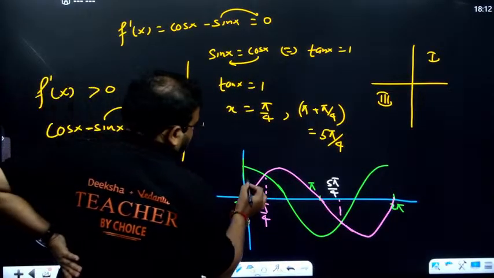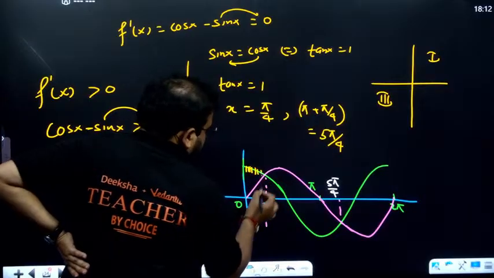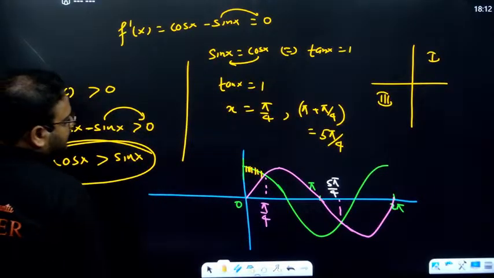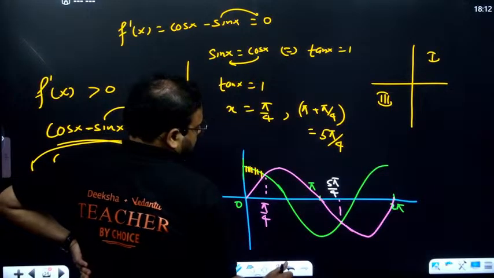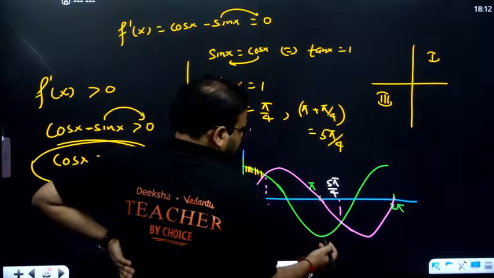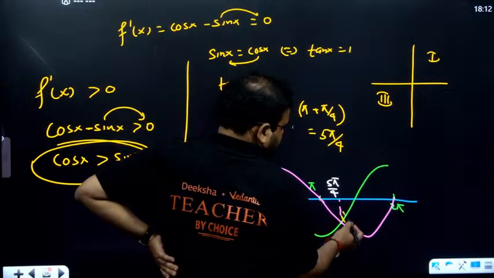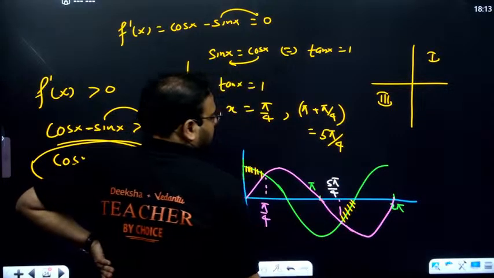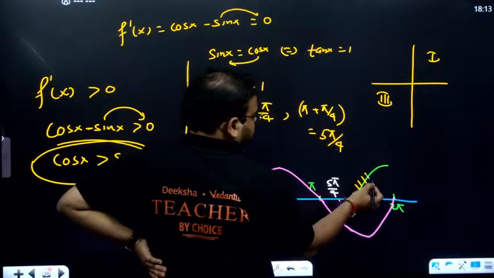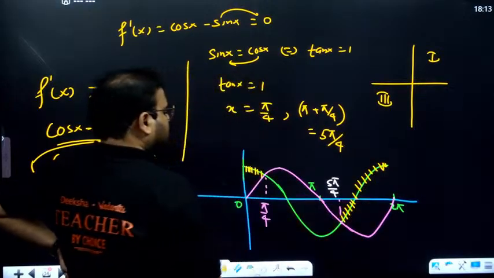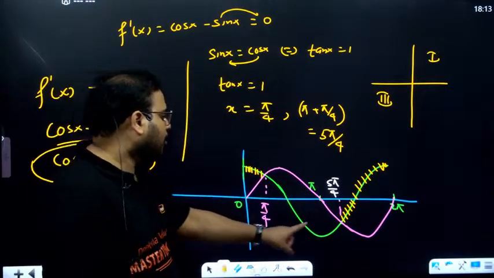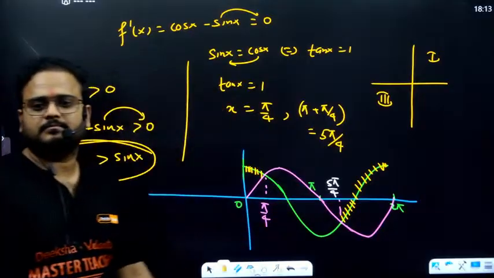Check here: cos is more over here. Then sine is high, so it will be negative. Here also, sine is high. Again, we have this region where cos is more. So the interval is either 0 to pi by 4 or 5 pi by 4 to 2 pi.